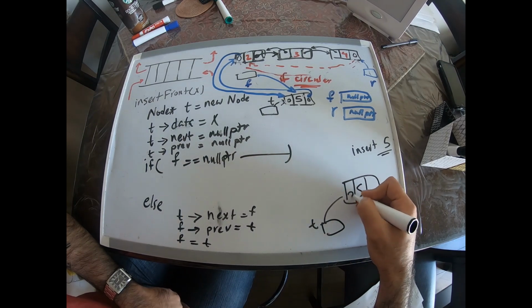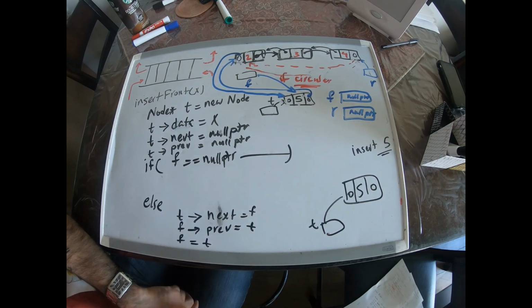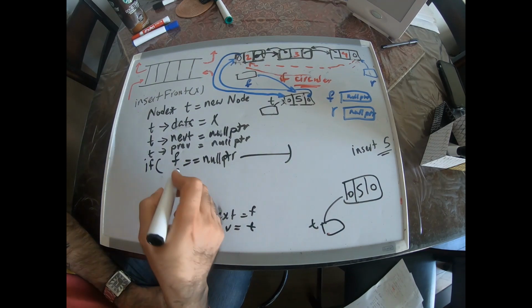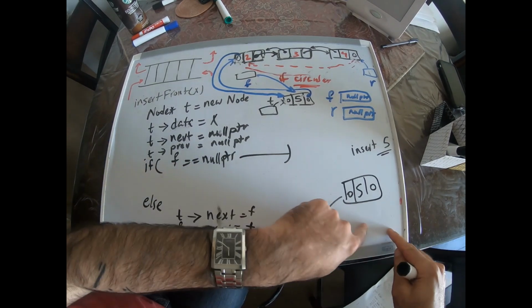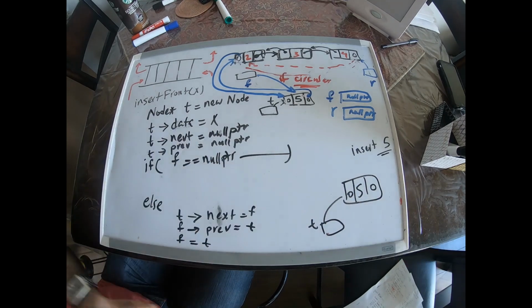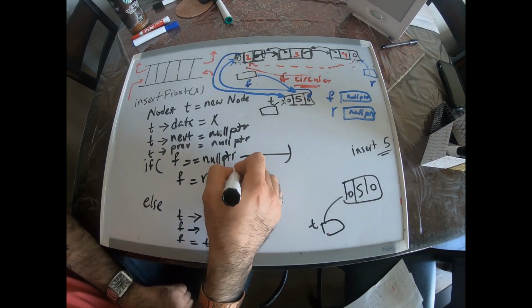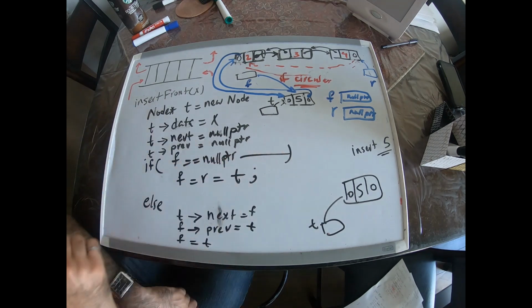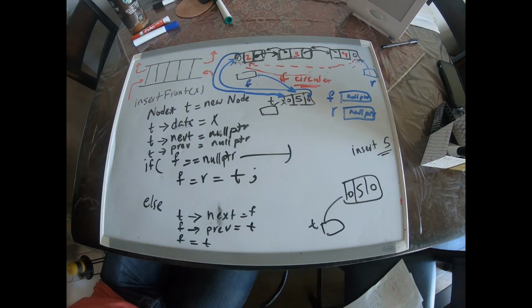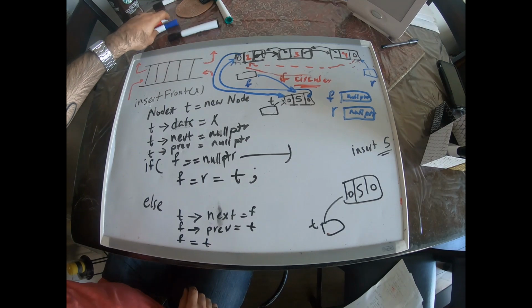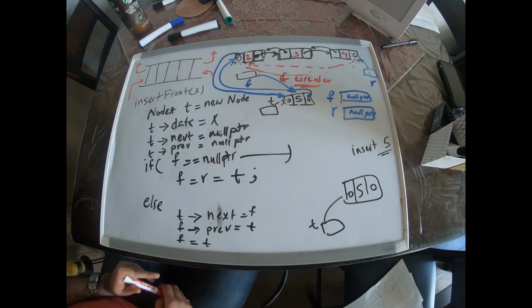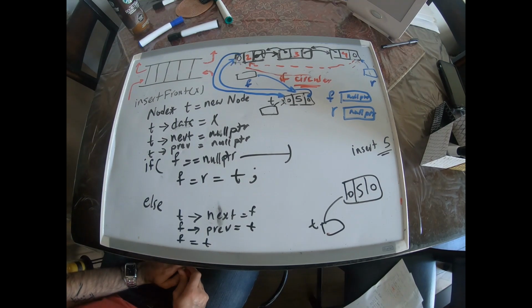We put 5 here, we put 0 here, we put 0 here. So we only need to make sure that both front and rear are pointing to this node. So front is equal to rear is equal to T. Okay, so that's the only thing we need to do when we want to insert from the front.